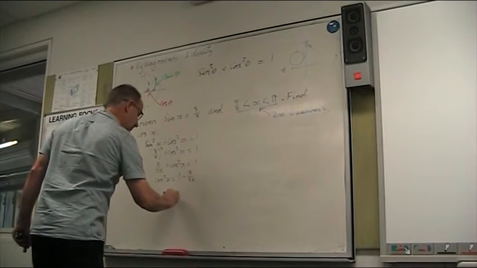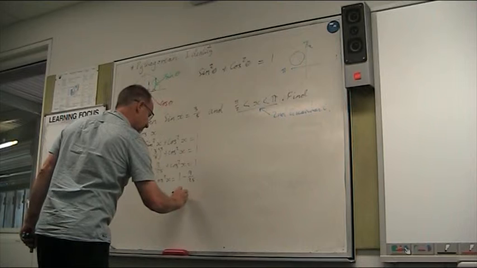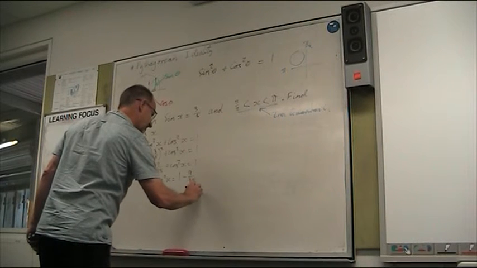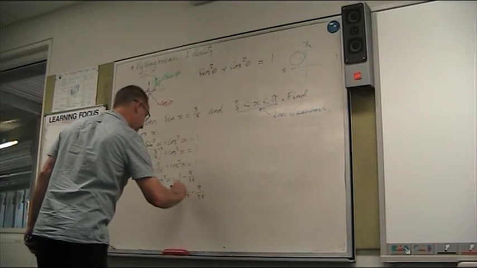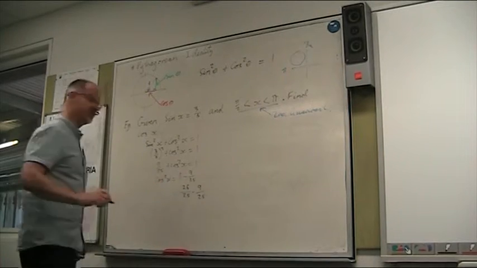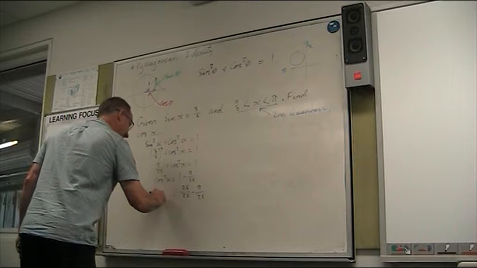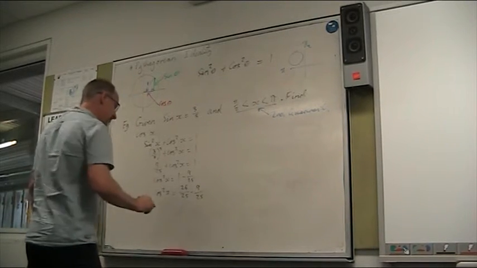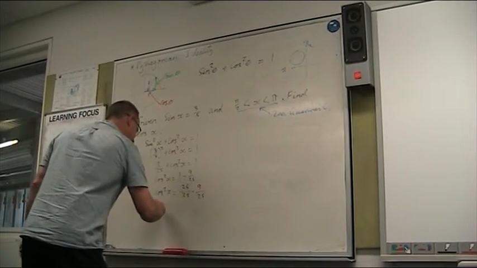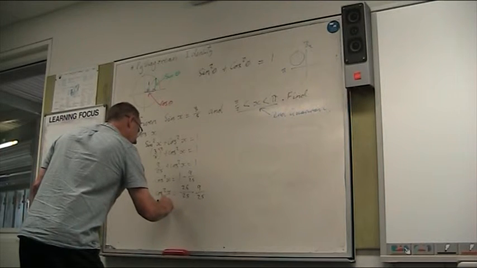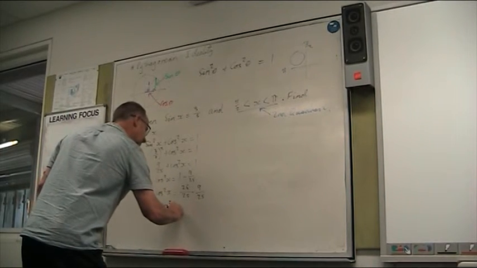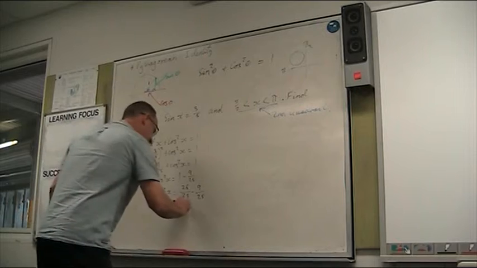We write 1 as 25ths. How many 25ths would it be? 25, yeah, it was not a good trick question. So 25 minus 9 is 16.